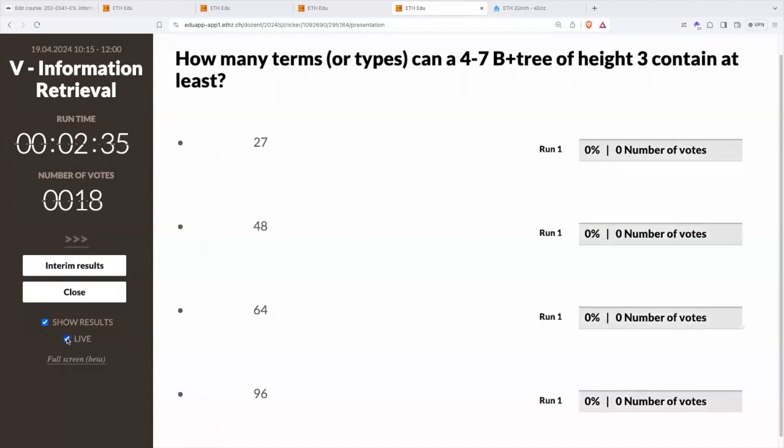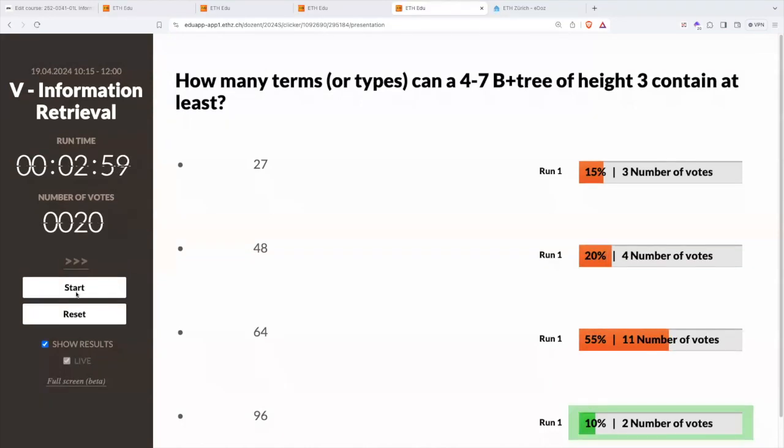So let's see what you have so far. 64. Okay. Are you sure? So this is amazing because I think that this is a case where the least of you got it correctly.